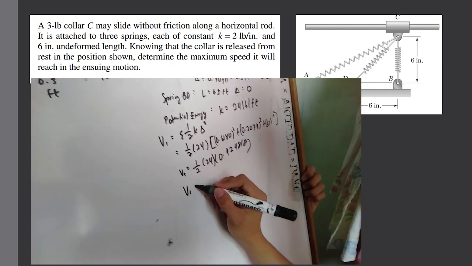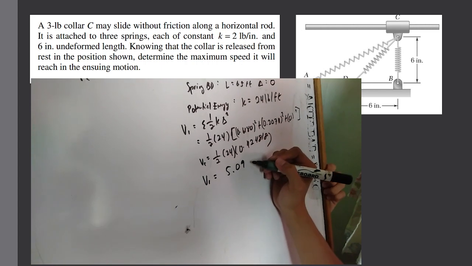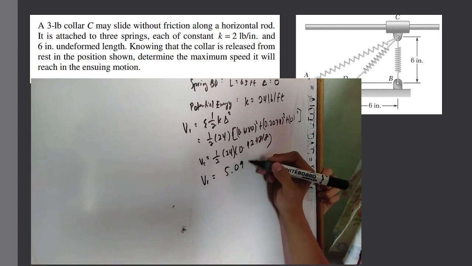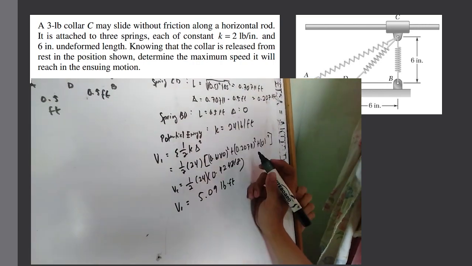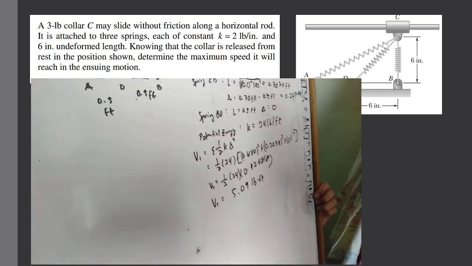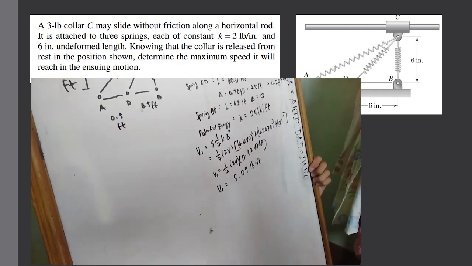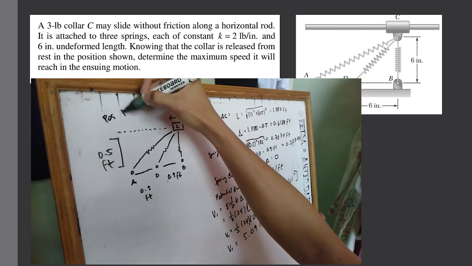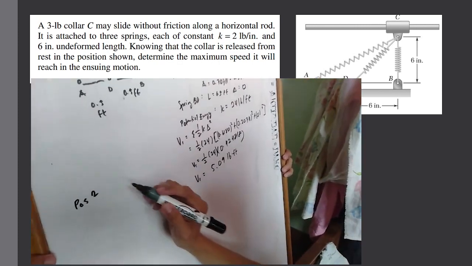V1 is equals to 5.09 LB by feet. So, pause na, pause. So, if ito yung position 1 natin, pause 1. Ito yung position 2 natin, pause 2.